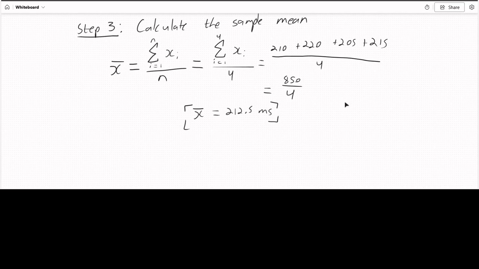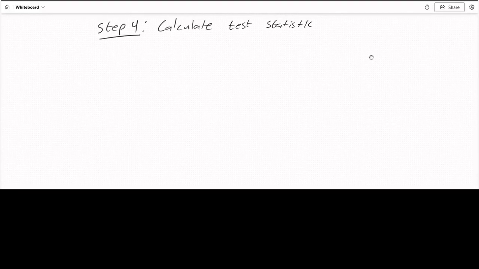Okay? So now we have step 4. This should be the start of the new math that we've been seeing, and that's calculating the test statistic. This is going to make more sense once you see the rest of this process, but we are going to find a test statistic.